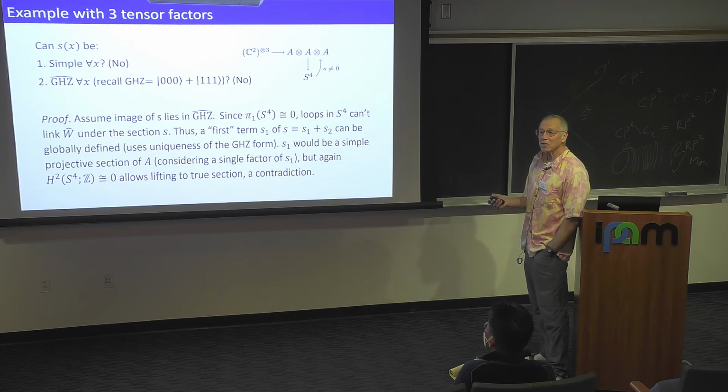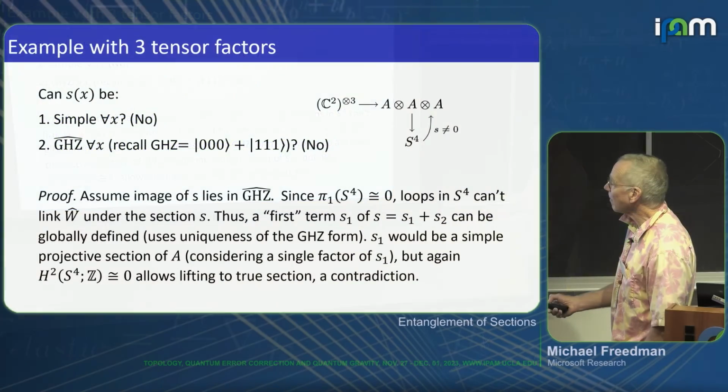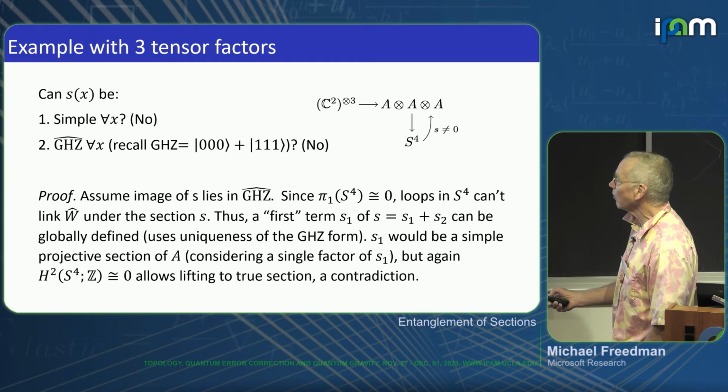And that means you can consistently define which is the first and which is the second term of the unique GHZ representation. It turns out that up to permutation of the factors, there's only one way to write GHZ vectors as GHZ. That's a little tensor analysis.